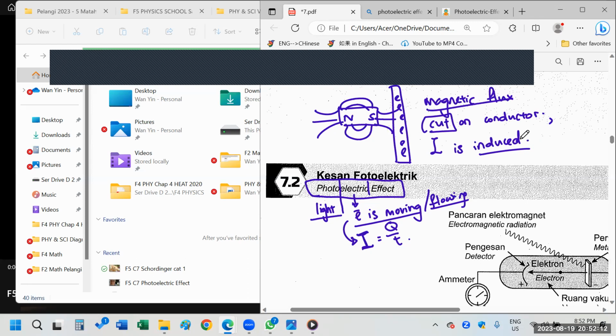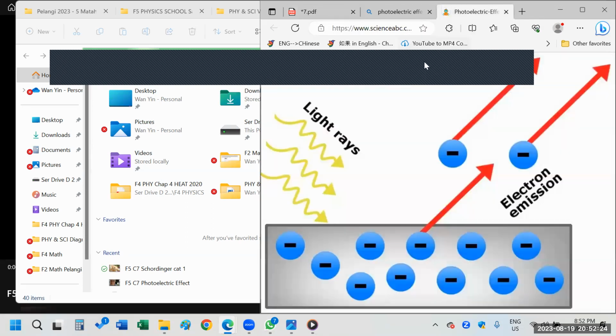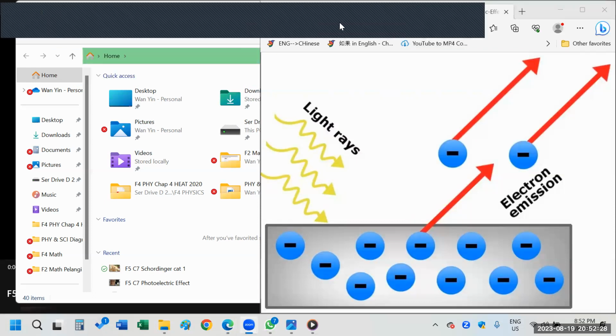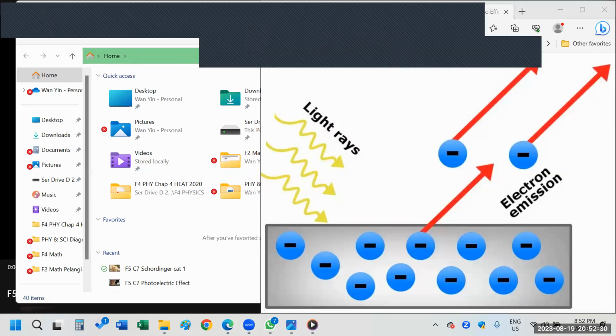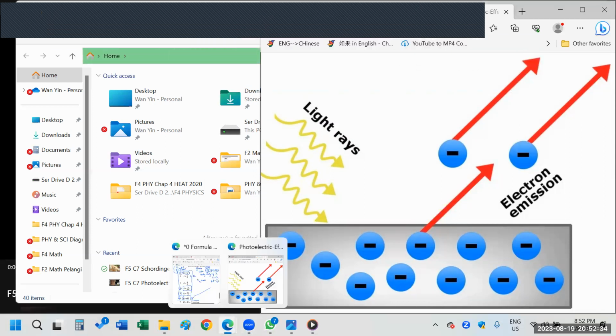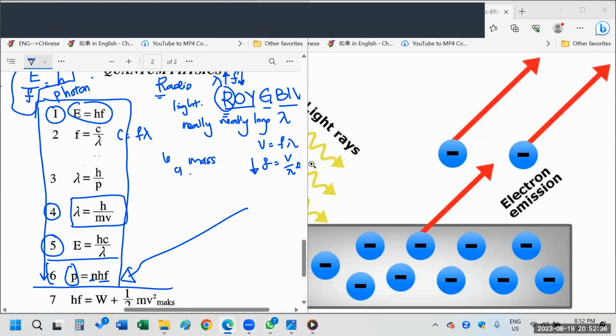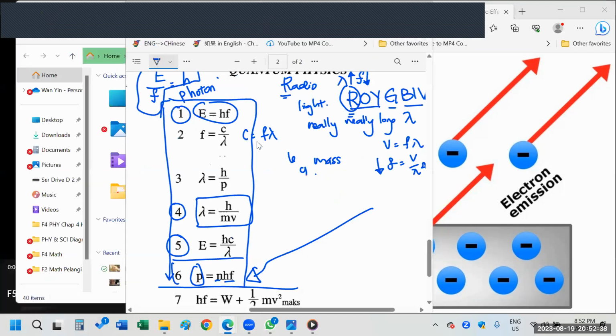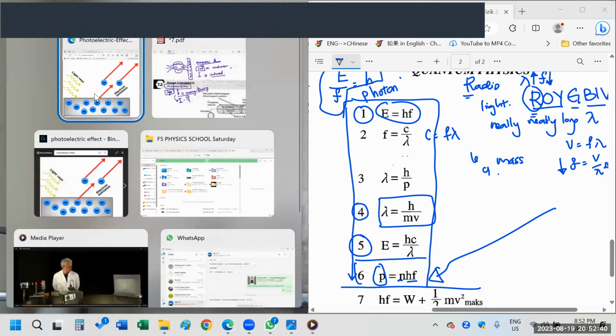But for the quantum world, light can also create current. How? Okay, it's like this. This is a metal plate.